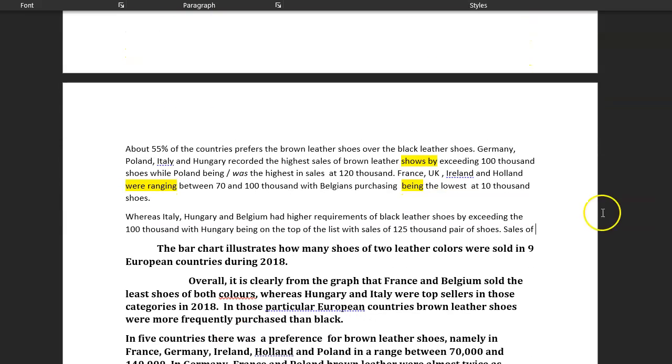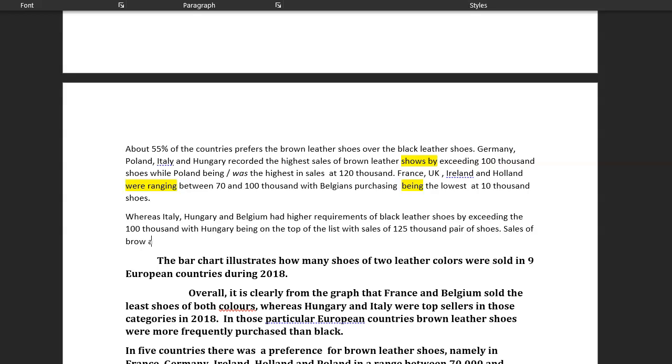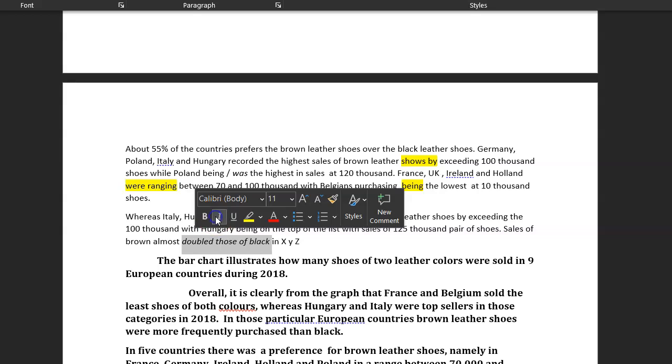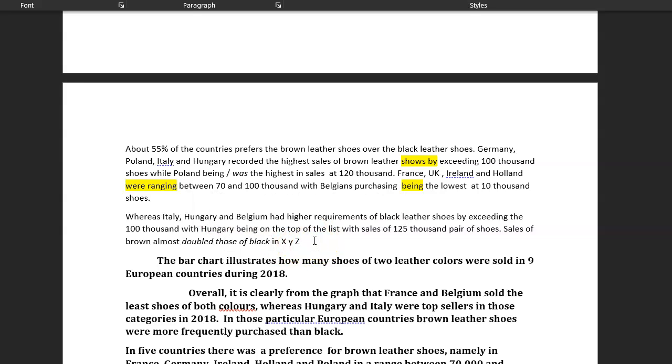So one more sentence here. Sales of, what do we say, brown, almost doubled those of black in X, Y, Z. Okay? But what I want to show you is this structure. Almost doubled those of is quite a nice structure that you could be using. Otherwise, that's a really nice answer.